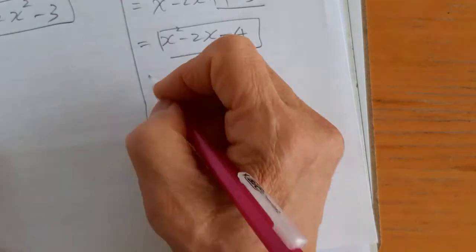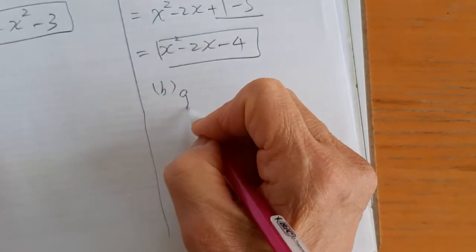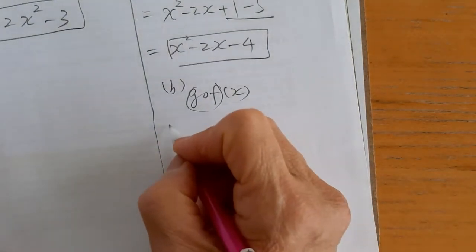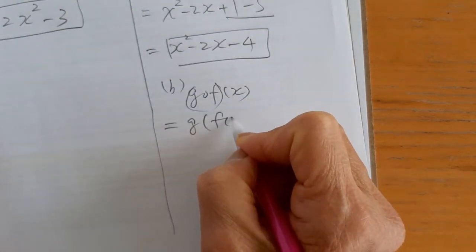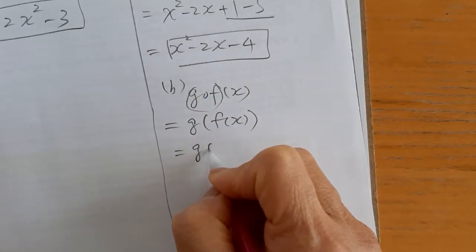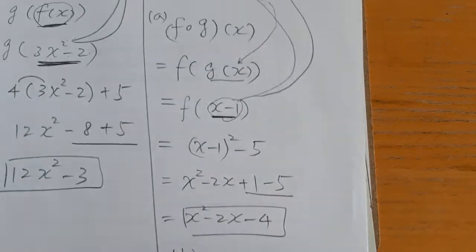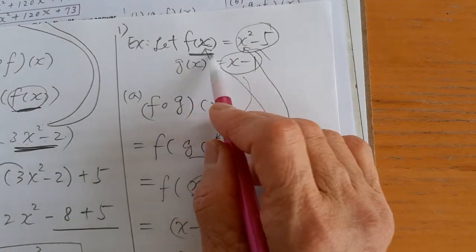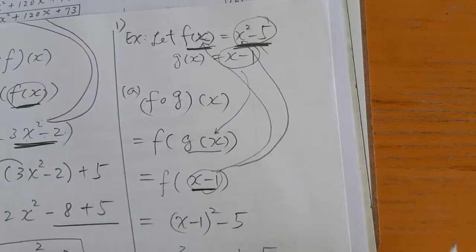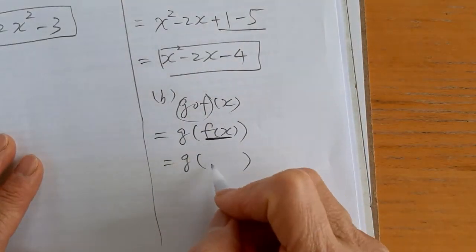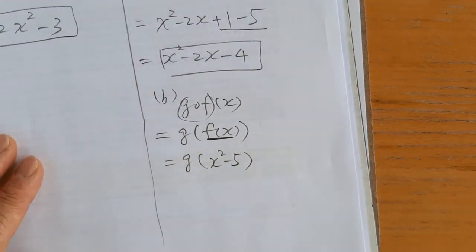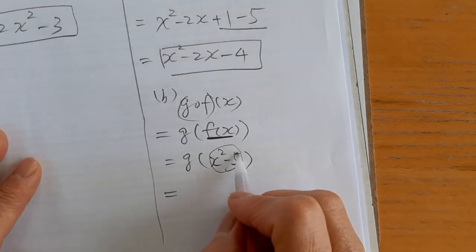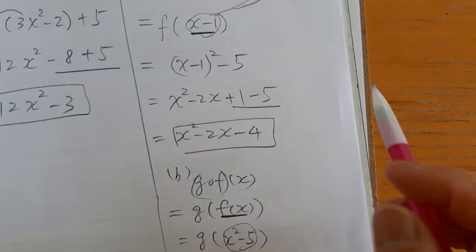Next, B. B is about g circle f of x. G circle f of x is g of f of x. F of x given is x squared minus 5. So g of (x squared minus 5): this x squared minus 5 is put into the g function.